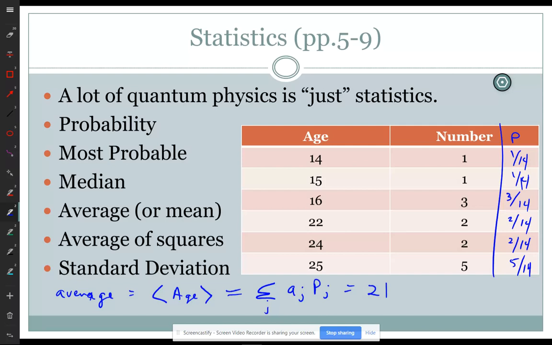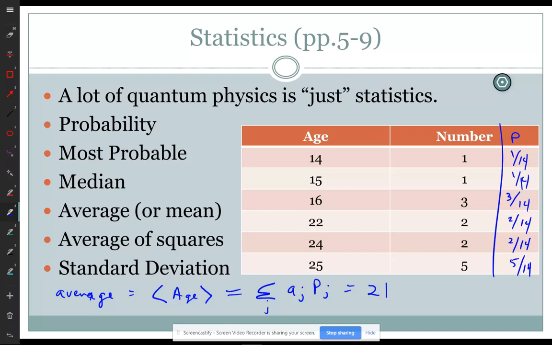So how do we differentiate these two distributions? In quantum physics, we talk about the expectation value. If we only talk about the expectation value, we can have two very different systems give us the same expectation value and somehow think that they're the same. So one thing you could do is calculate the actual deviation between the mean and each data point.